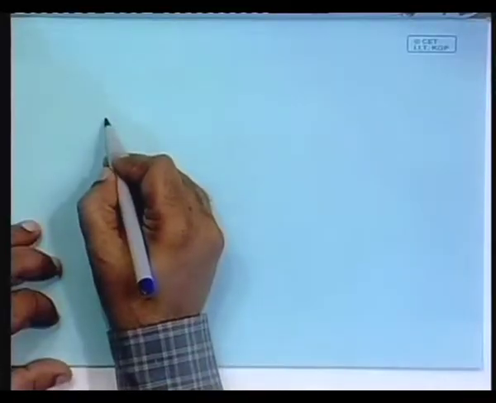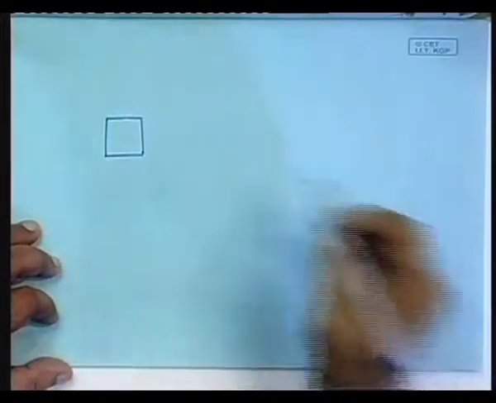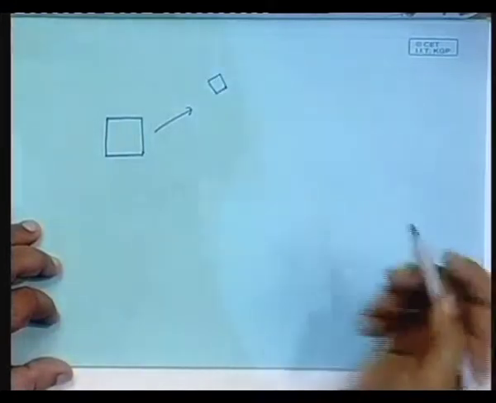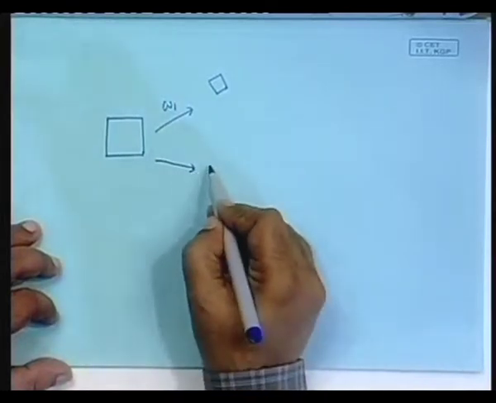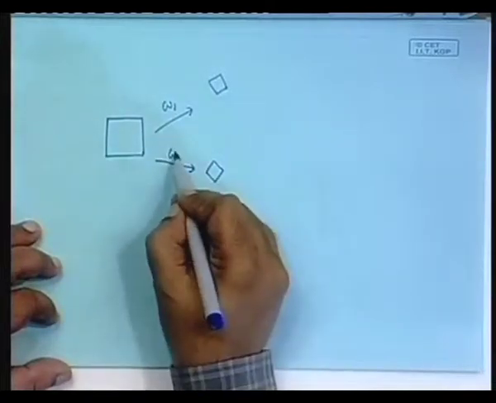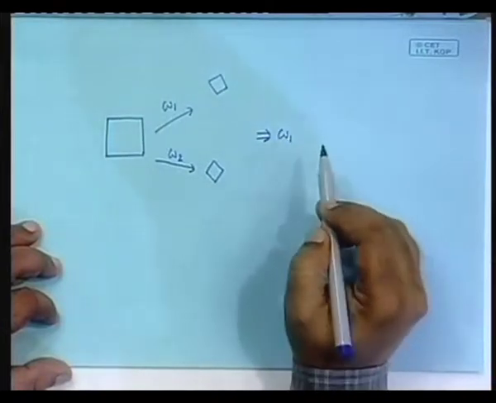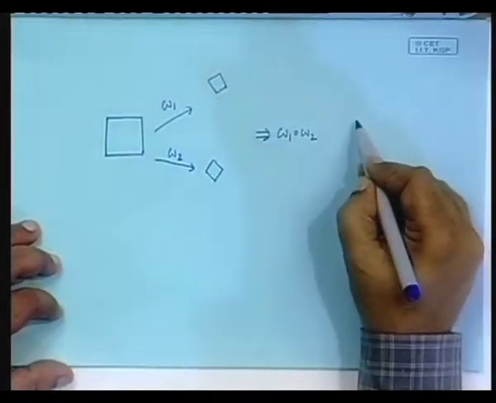Now, I also said in the last class that suppose you have some kind of a figure to start with, and you define one transformation, say it makes it like this, and you have another transformation, say this one is W1, you have got another affine transform that makes it, say, like this. Then you might say ultimately I have the W, which is the union of these 2 sets.